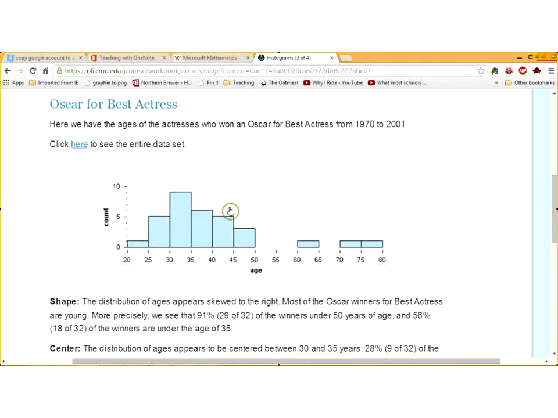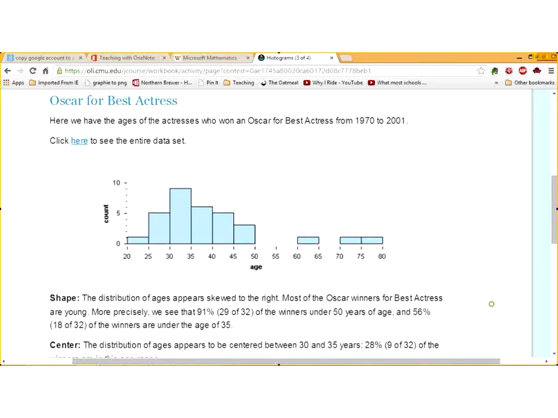Each bar tells you how many actresses there were in that age range who won the award. For shape, probably right skewed because your peak is on the lower end and you have a long tail at the right. Most actresses are young with fewer and fewer as you get older. Center, you would probably say somewhere 30 to 35 years. That's the tallest bar.